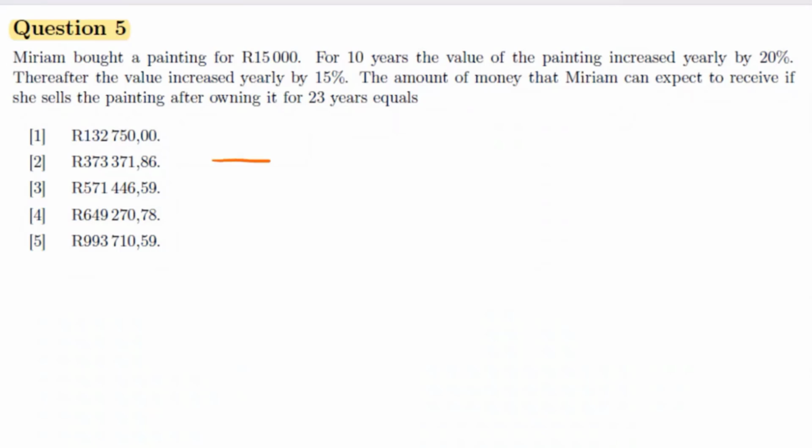So now you go and get your timeline and say, okay, this person is starting off with a present value of 15,000. She keeps it for 10 years.